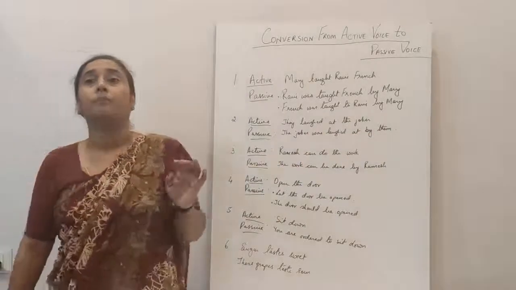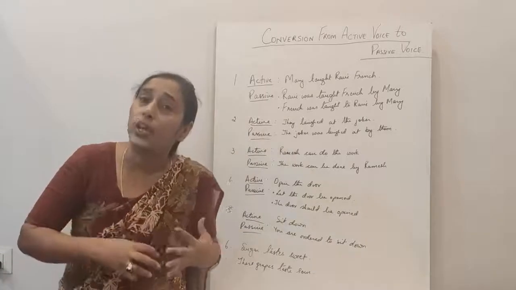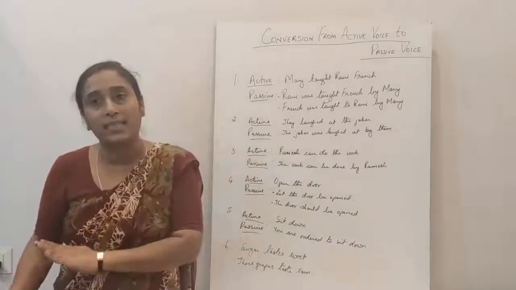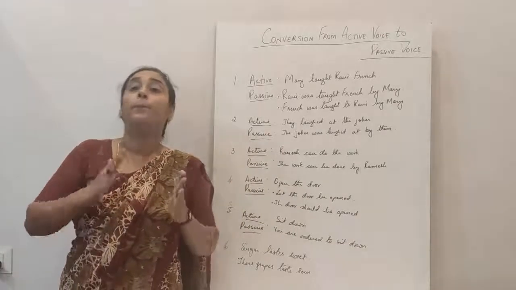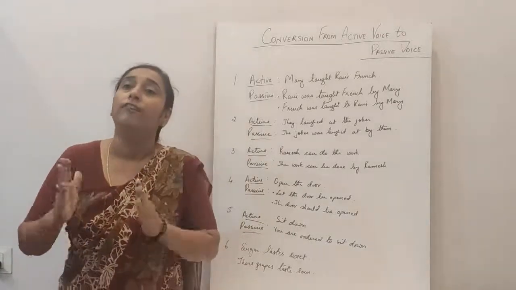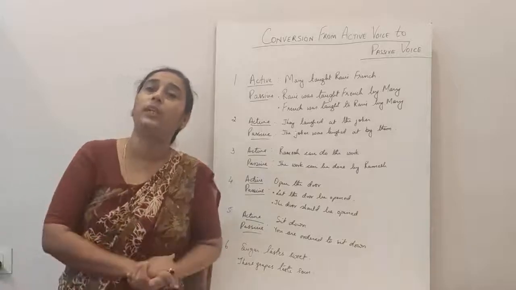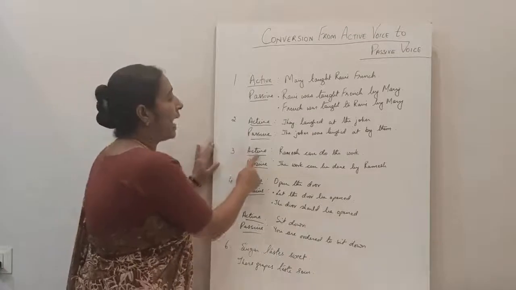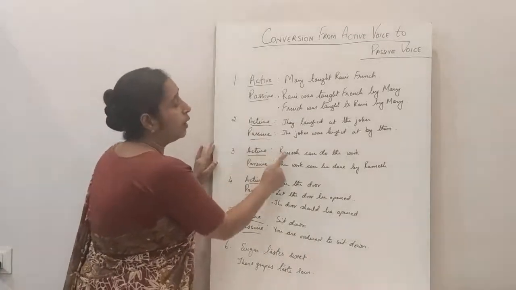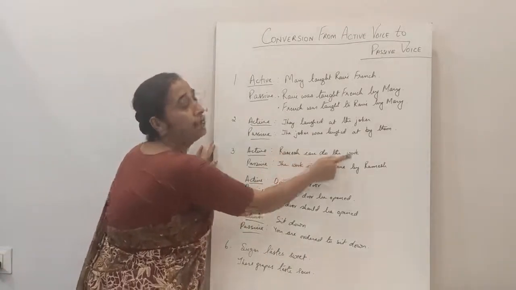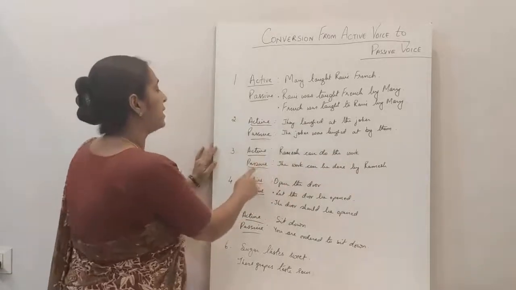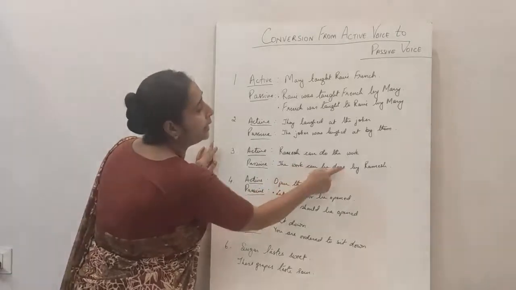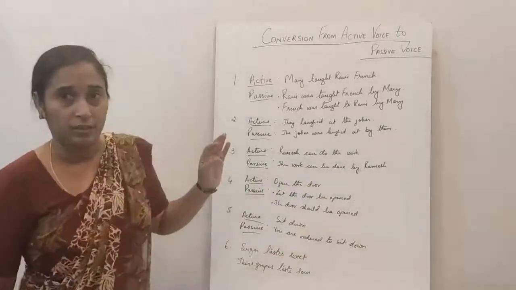Now, to change auxiliary verbs from active to passive voice, add be or have been along with the past participle to the verb. For example, in active voice, we say Ramesh can do the work. The same thing when we say in passive voice, we say the work can be done by Ramesh.